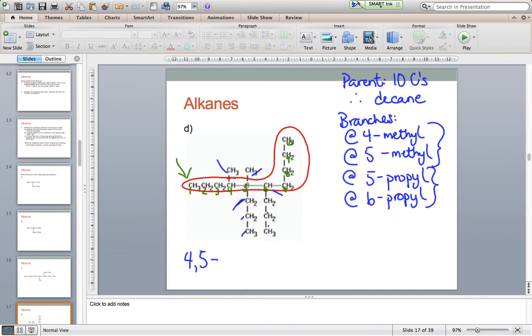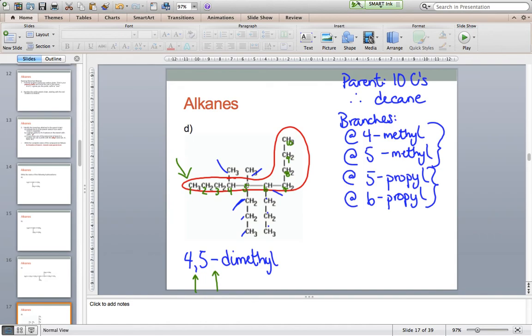So I've listed both the numbers where the branches are, and then I'm going to call it dimethyl, because I have 2 methyl branches. So, punctuation: when we have numbers separated from numbers, we use a comma. When I have numbers separated from words, it's a dash or a hyphen.